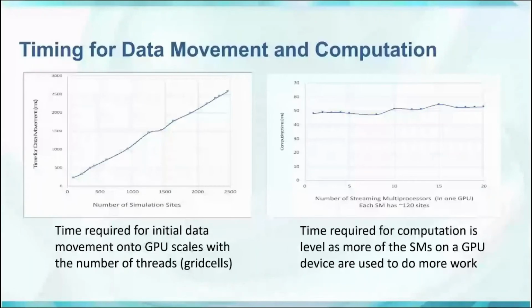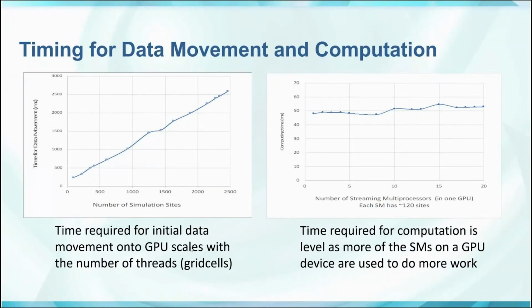So that's what these two plots are demonstrating. On the left, just what you would expect, as you increase the number of simulation sites per GPU device, the amount of time it takes is going up. But as you increase the number of SMs that are engaged on the GPU to do parallel work, the amount of time it takes for a given number of time steps is actually the same.